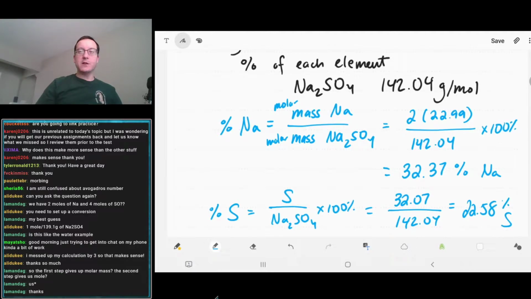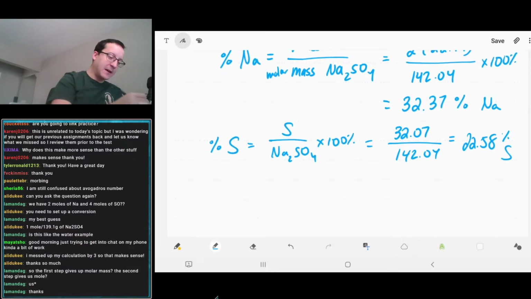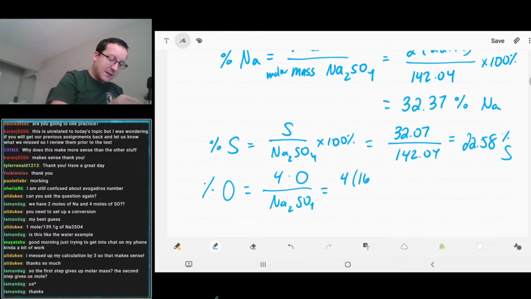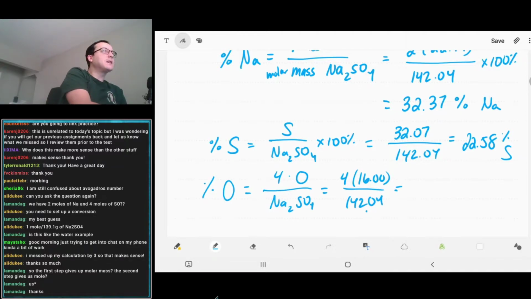And guess what? Doing it with oxygen, same idea. Percent of oxygen is going to be our 4 oxygens over the whole thing, which would be 4 times 16 over 142.04. Let's see, 64 divided by 142.04 is 45.06%.